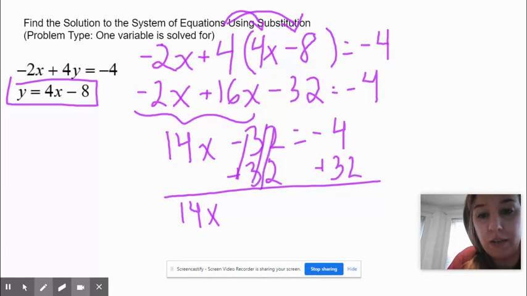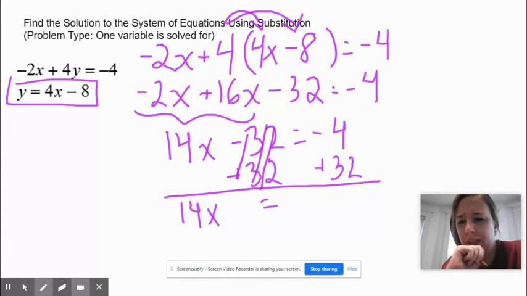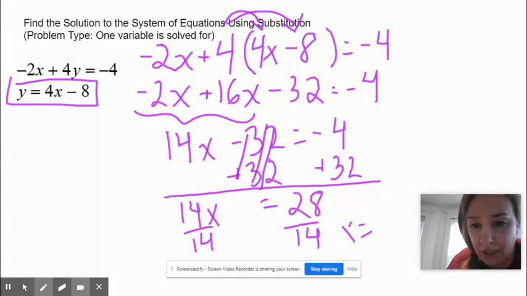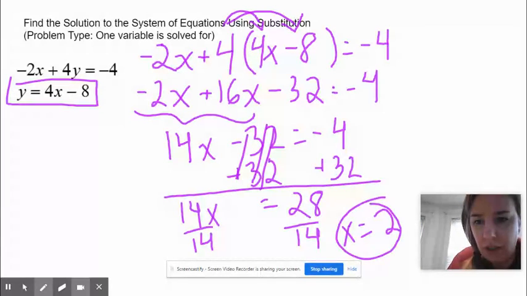Cancel, cancel, cancel. Equal sign. Negative 4 plus 32. That's the same as saying 32 minus 4. That's 28. Divide both sides by 14. And x equals 28 divided by 14, which is 2. So our x value is 2.